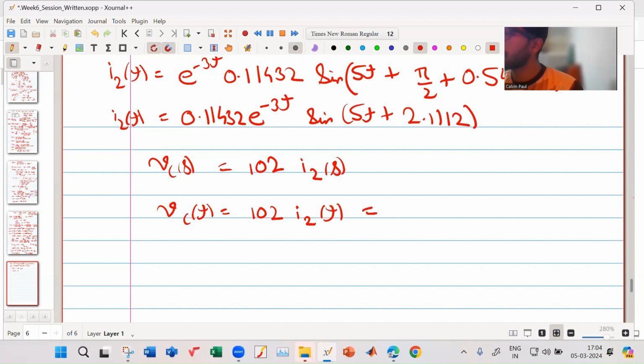So I2 of t is 0.11432, into 102. That comes out to be 11.66064 e raised to minus 3t sine of phi t plus 2.1112. Okay, is this clear?